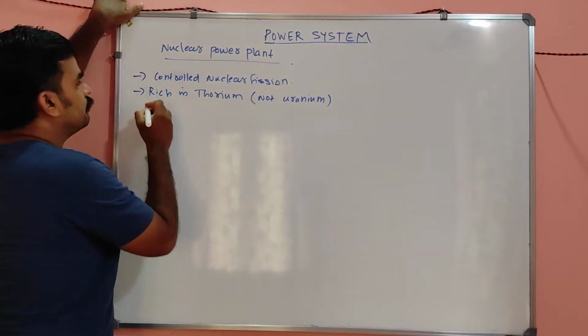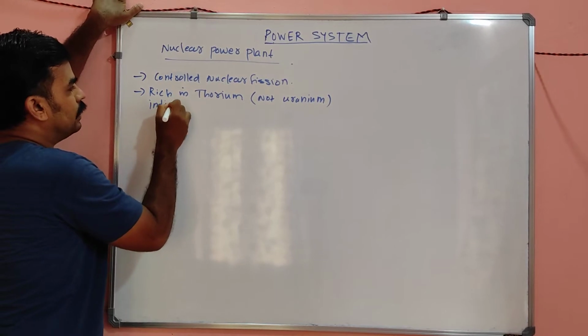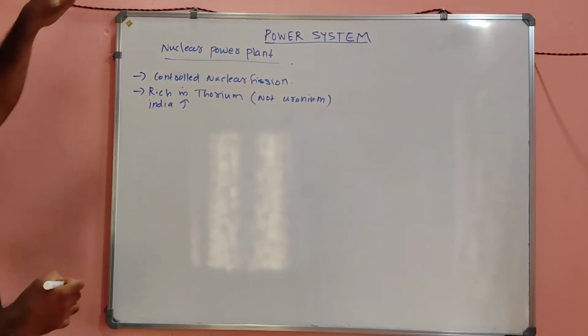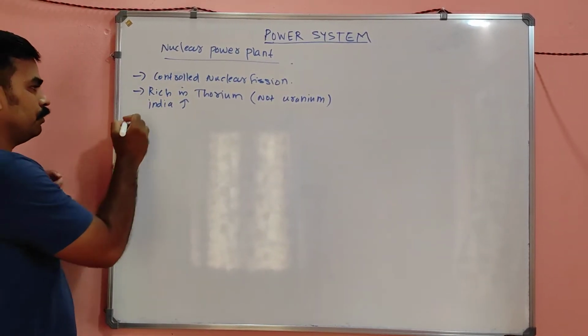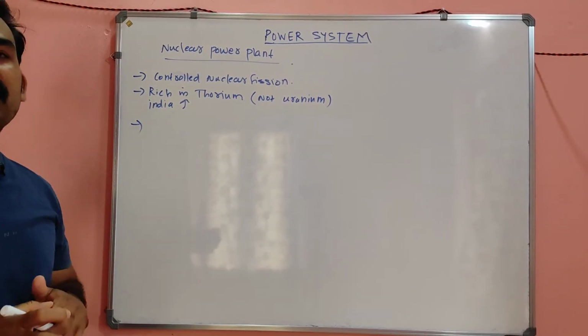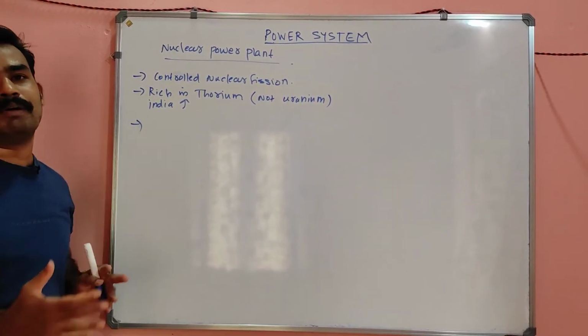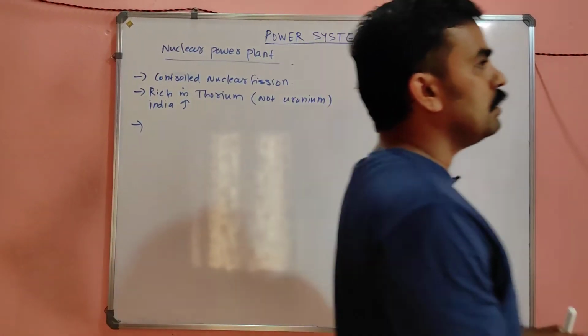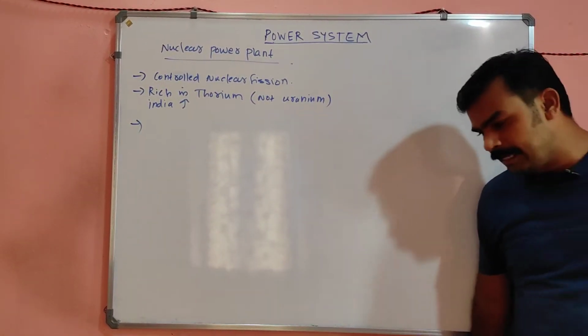Write it: India is rich in thorium, not in uranium. That you have to notice. So thorium is the fuel for nuclear power plants in India.